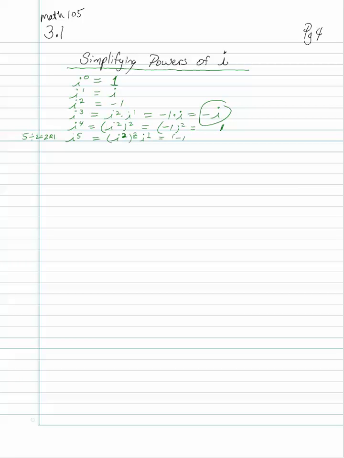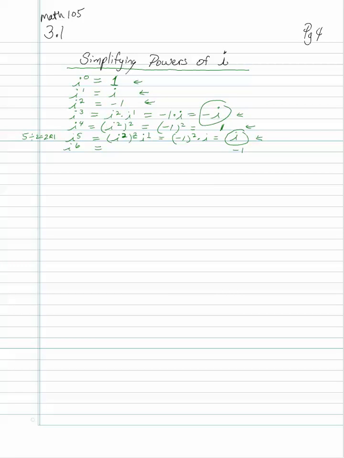Well, that's negative 1 squared times i, which is just i. And notice we're going to get this repeated pattern. We get 1, i, negative 1, negative i, 1, i, and my guess is next is negative 1.